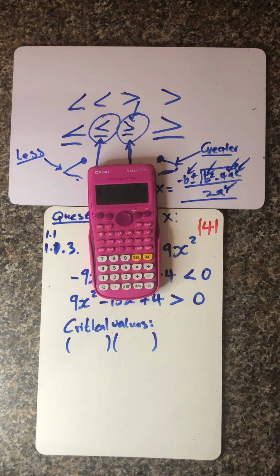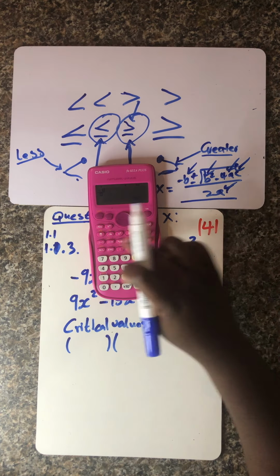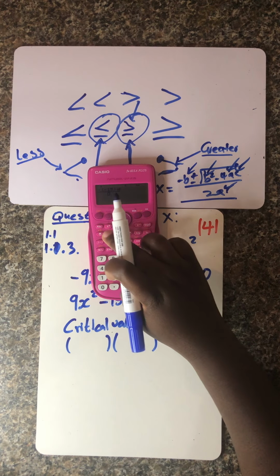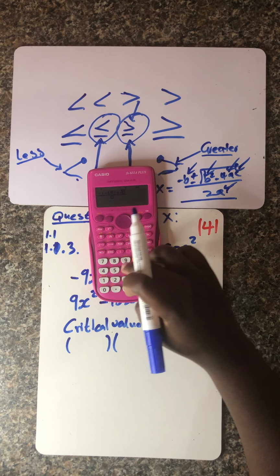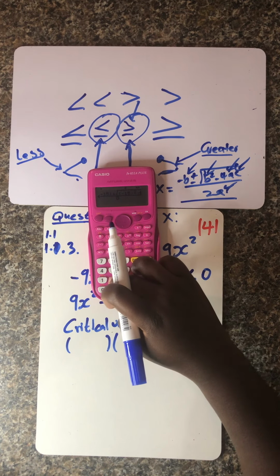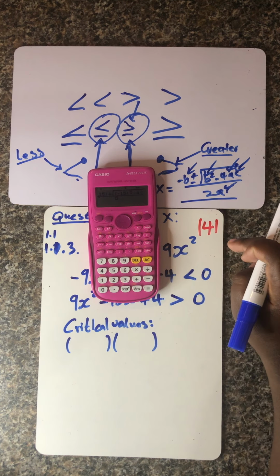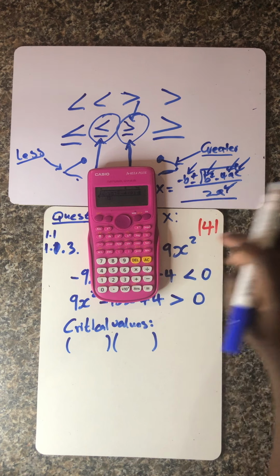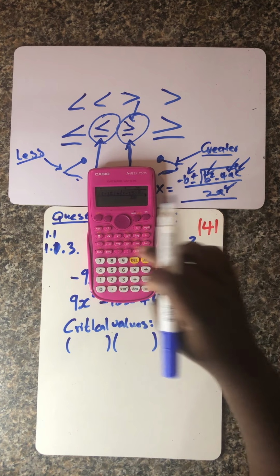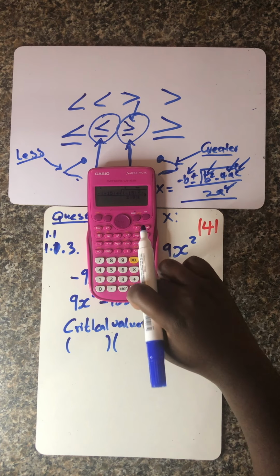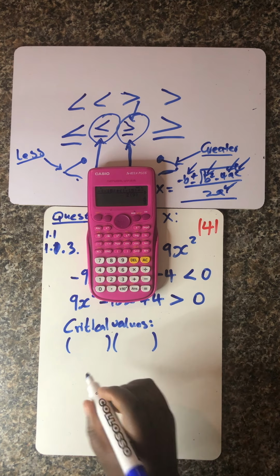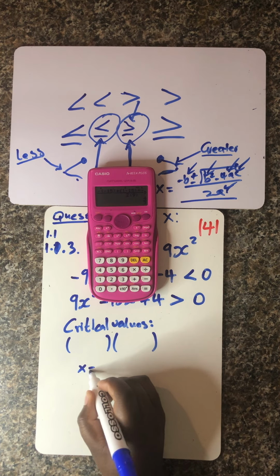So you start with the fraction, then negative b, which is negative 15, then plus or minus, then the square root of negative 15 squared minus 4 times a, which is 9, times c, which is 4, and down there 2 times a, which is 9.